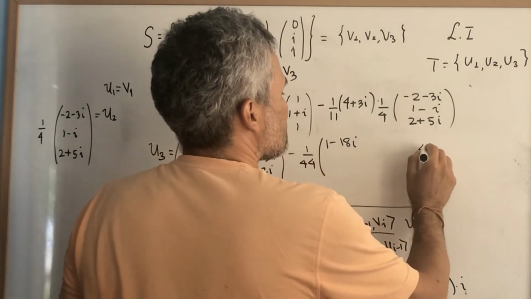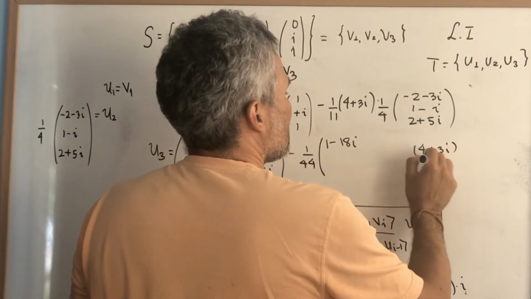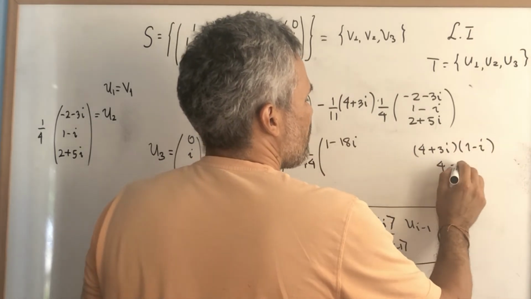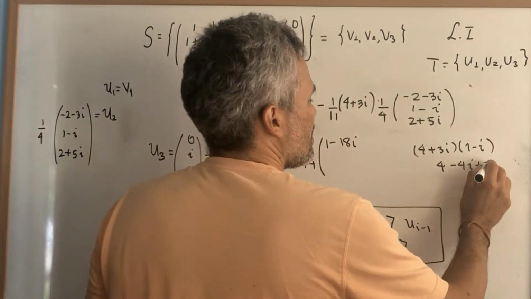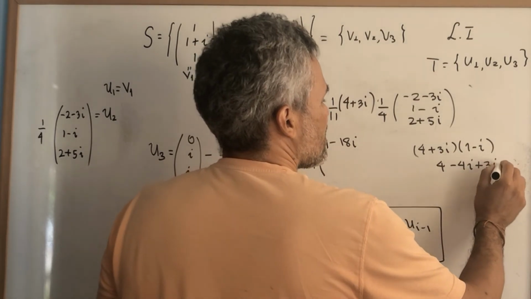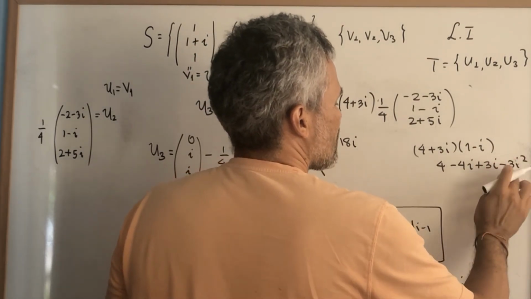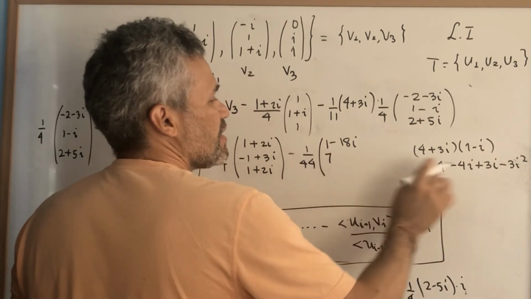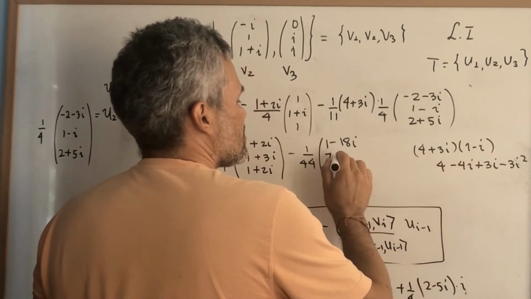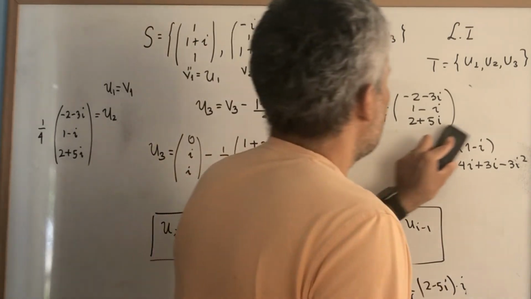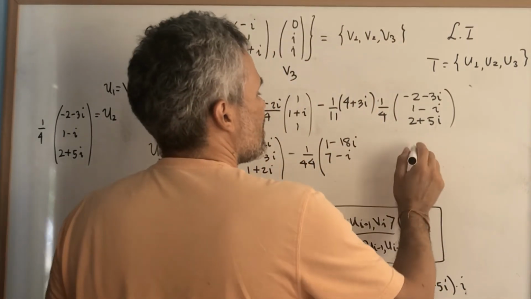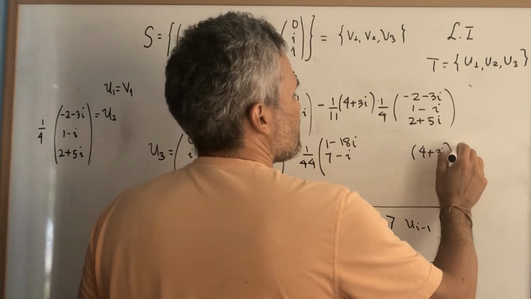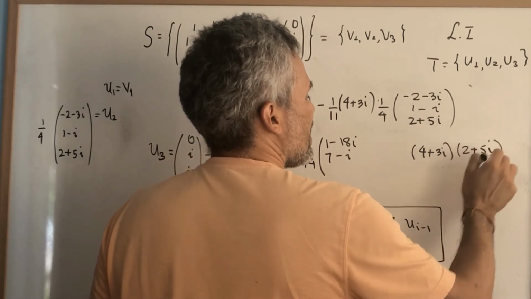Now 4 plus 3i times 1 minus I. This is 4 minus 4i plus 3i minus 3i squared, and this is positive 3 plus 4 is 7, and this is 7 minus I. And finally here 4 plus 3i times 2 plus 5i.